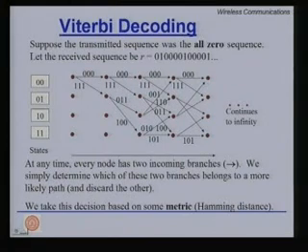But clearly, if we keep track of all the paths, the number of paths grows exponentially as we move along the time axis. So there has to be a smart way to overcome this difficulty of retaining all possible paths.